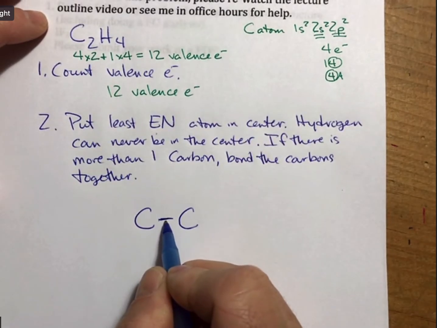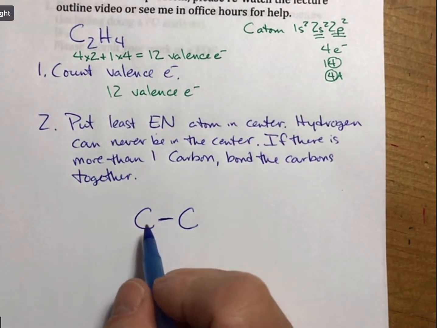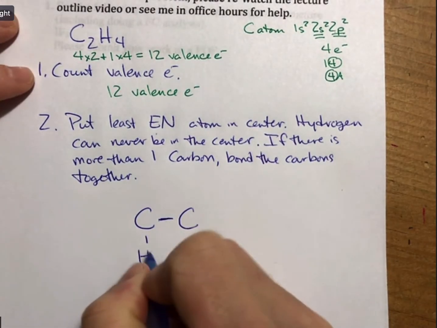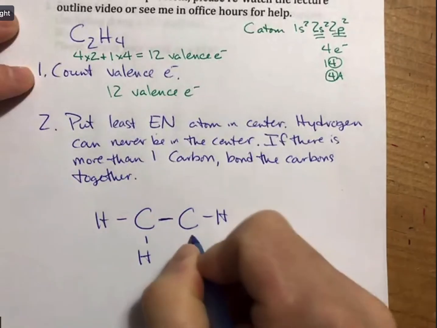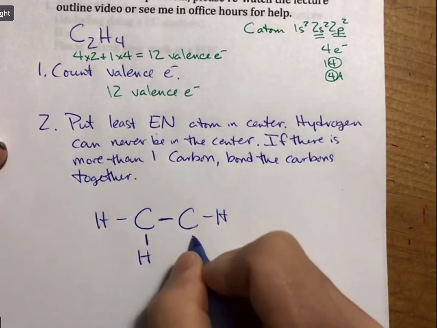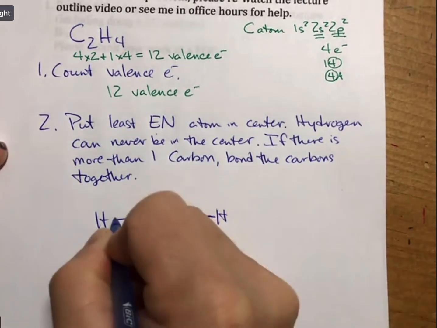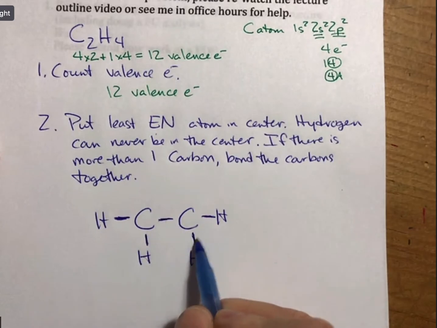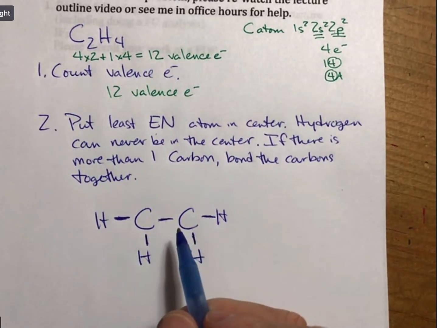Each dash is 2 of those valence electrons. And then I'm going to put 2 hydrogens on each of the carbons, with single bonds, where each of these dashes is 2 of the electrons.